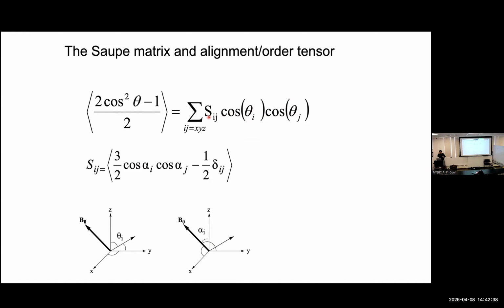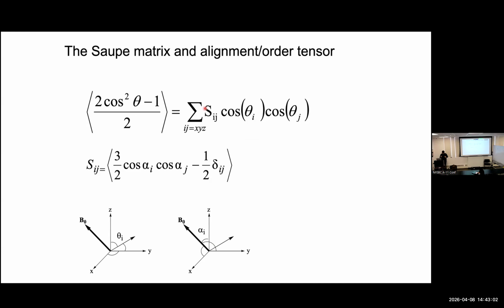So I have a molecular frame, and I know each of them averages. Now that I know those elements of S, you can give me any arbitrary vector in my molecular frame, and I can predict what its 3 cos squared theta minus 1 over 2 will look like.